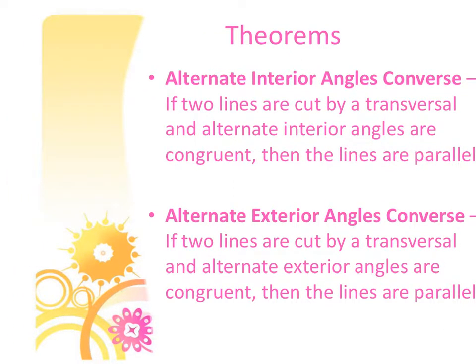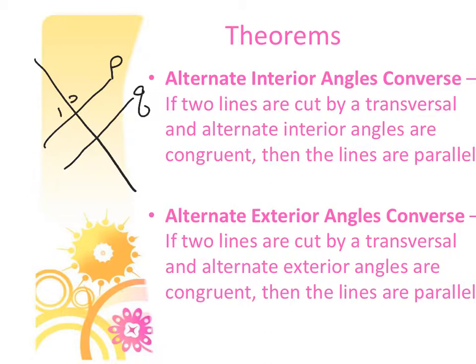So let's say I draw my two parallel lines, or two lines. We don't know if they're parallel yet. And let's call them P and Q. Drawing a transversal, and I'm going to number the angles 1, 2, 3, 4, 5, 6, 7, 8.